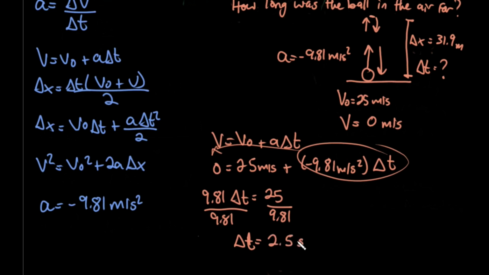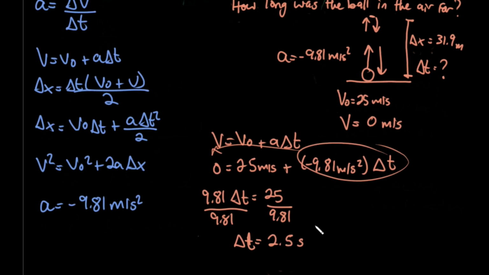2.5 seconds. Now, this is not the total time that the ball was in the air for. We have to remember that this is only between the bottom of its trajectory and the top of its trajectory, so this is only half of the actual time the ball was in the air.